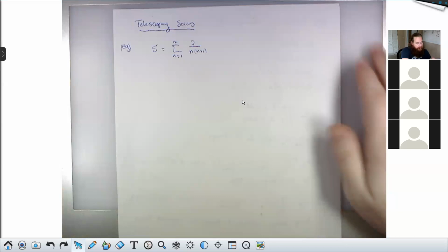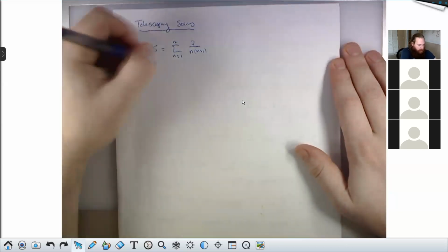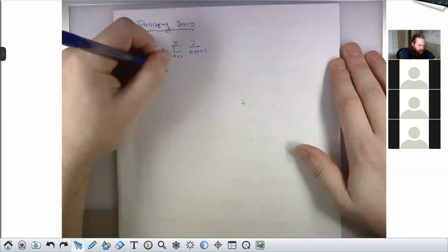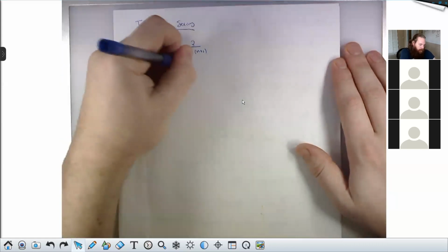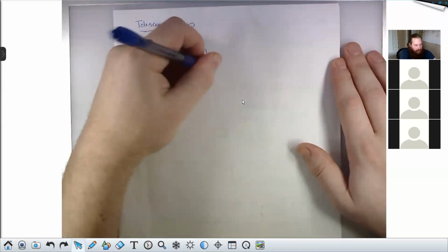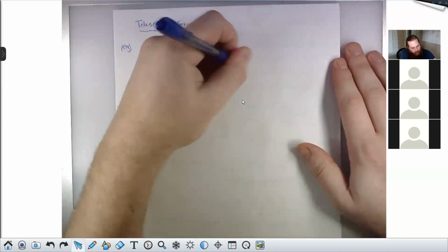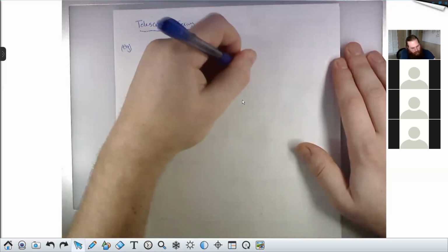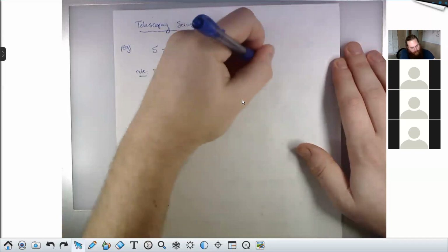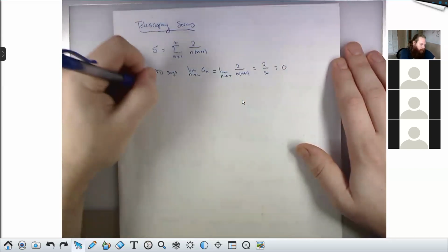Here, TFD is inconclusive, because the limit as n goes to infinity of a_n is the limit as n goes to infinity of 2 over n times n plus 1. That's 2 over infinity, that is 0. So TFD is inconclusive.